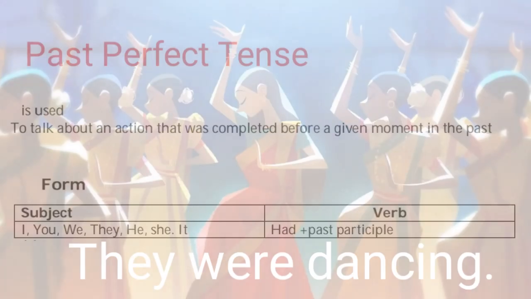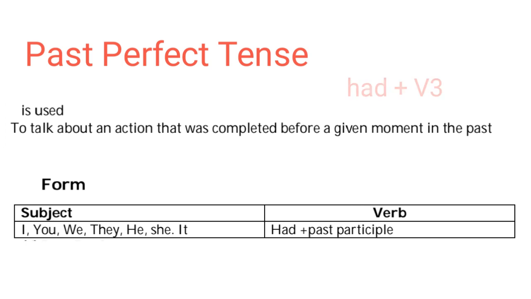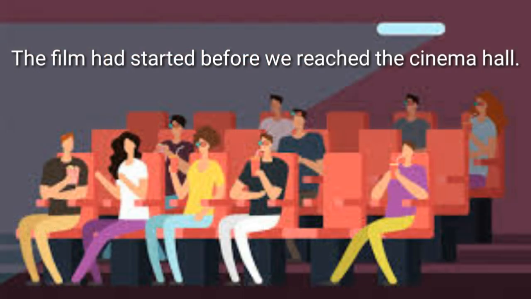Next one, past perfect tense. It is used to talk about an action that was completed before a given moment in the past. Look at the example, you will understand it better. The film had started before we reached the cinema hall. Here in this sentence, there are two verb forms.